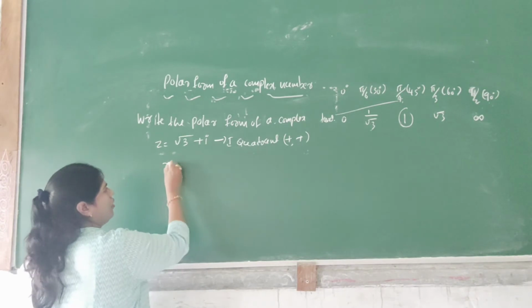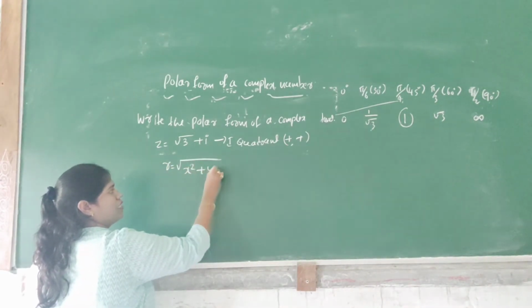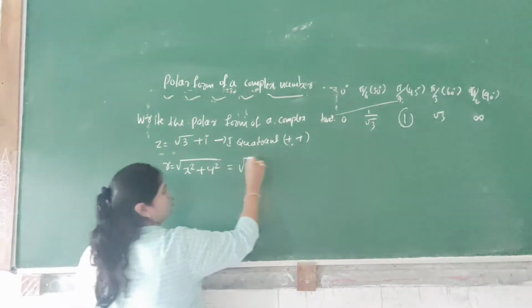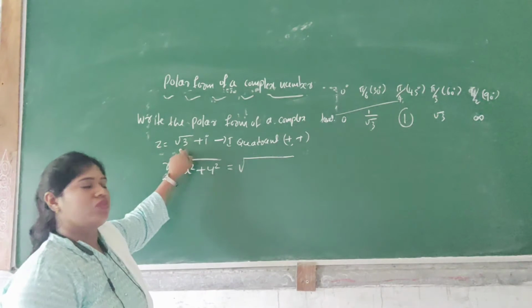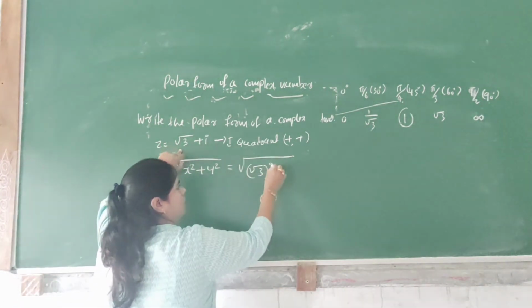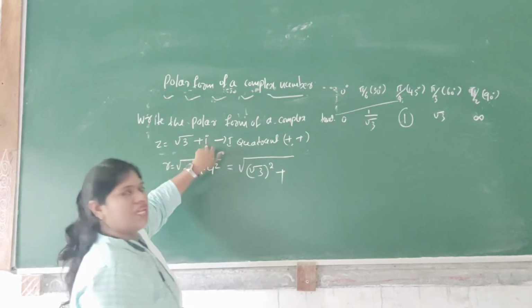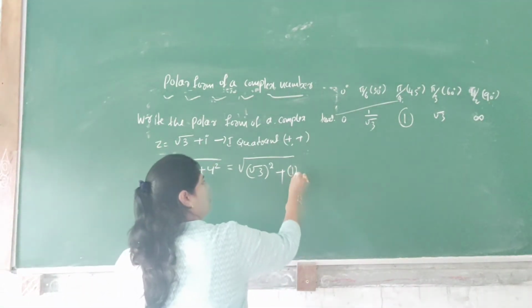What is the r value? Square root of x square plus y square. Here x is root 3, so don't get confused: root 3 whole square. y is 1, so 1 square.